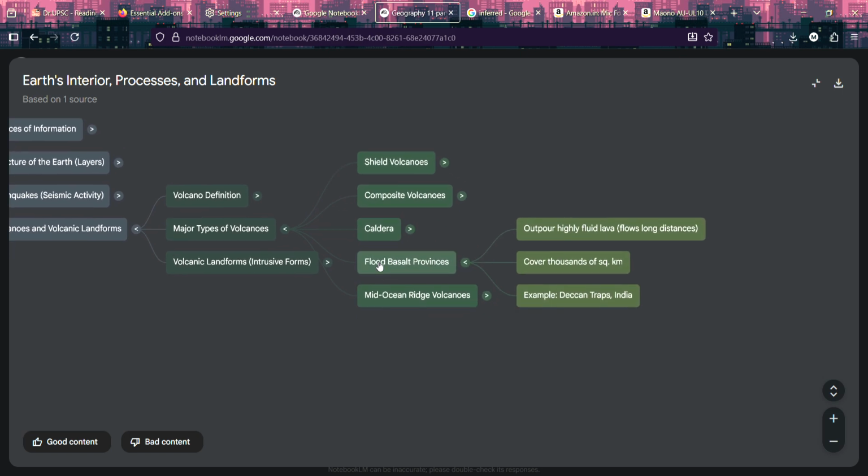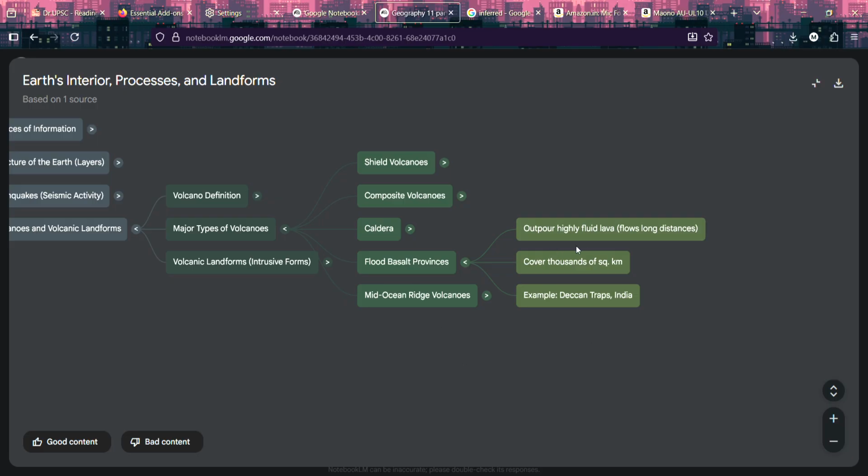The fourth one is flood basalt provinces, which outpour highly fluid lava that flows long distances. Highly fluid lava means it's less viscous and thinner, more liquidy.